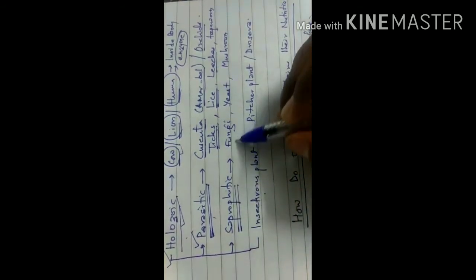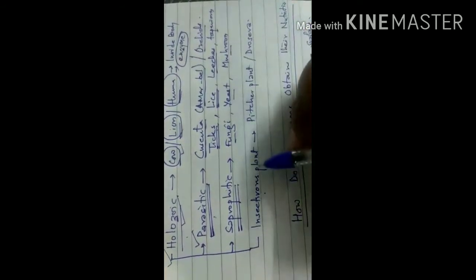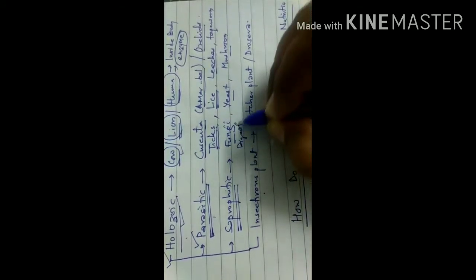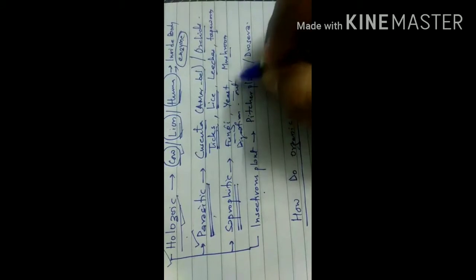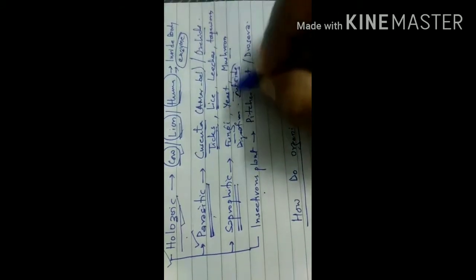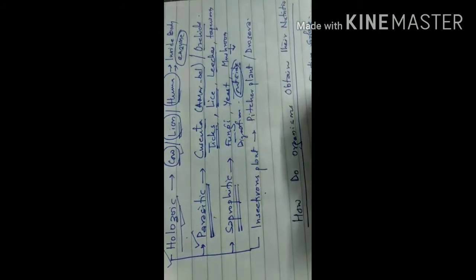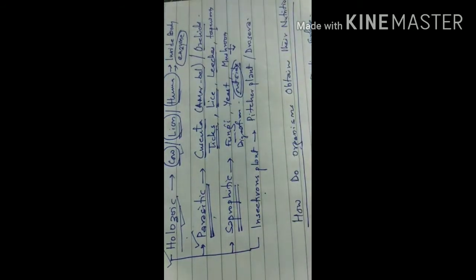Next one is saprophytic. Saprophytic actually are fungus, yeast, mushroom, where the digestion of food takes place outside the body. Means they release their enzyme outside the body. This enzyme digests that food material and they suck that particular digested food material.